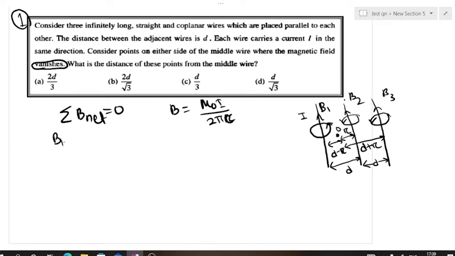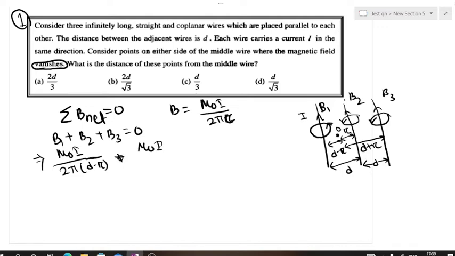So B1 plus B2 plus B3 equals 0, and B1 is equal to mu naught I by 2 pi (D minus R), minus mu naught I by 2 pi R, because I am taking inward as plus and outward as minus, minus mu naught I by 2 pi (D plus R) is equal to 0.